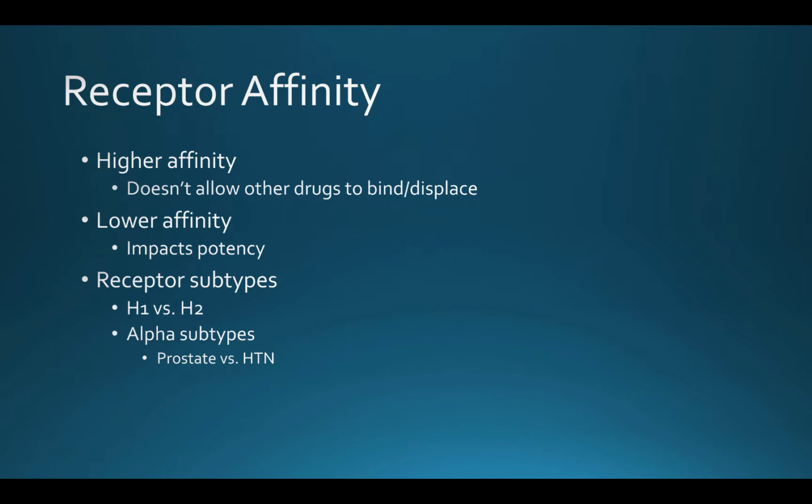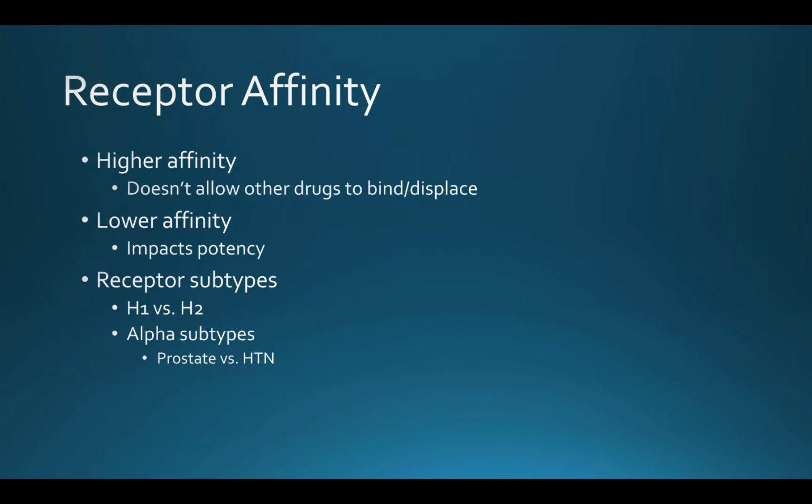Now remember, we've got numerous receptor subtypes, and we need to think about selectivity versus non-selectivity. A great example is the beta blockers.